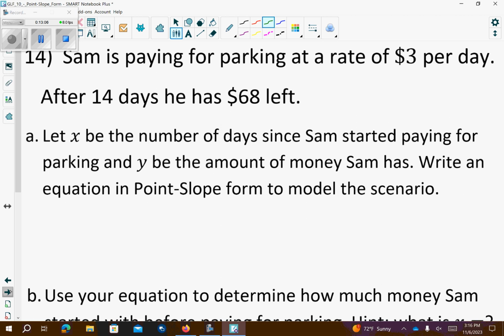Let's go through this word problem. Sam is paying for parking at a rate of $3 per day. After 14 days, she has $68 left.